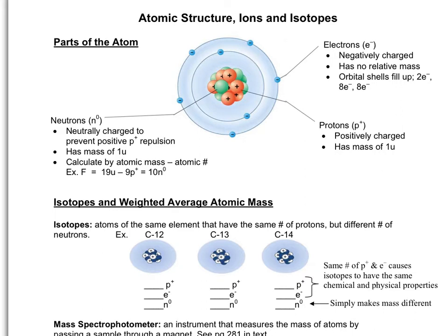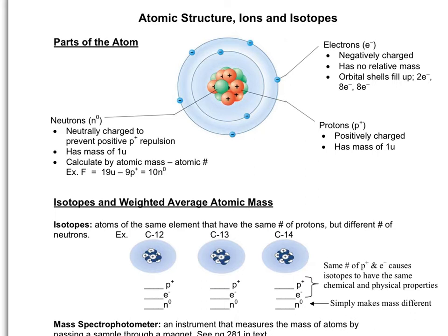The last subatomic particle are known as electrons, short form E-. They're negatively charged, and they're so small that we really don't take their mass into consideration. So often they're defined as 0 atomic mass units. Electrons are found outside of the nucleus of the atom, orbiting in shells.